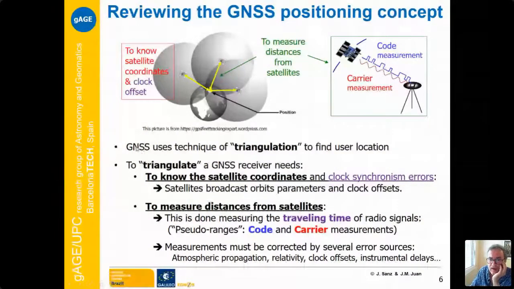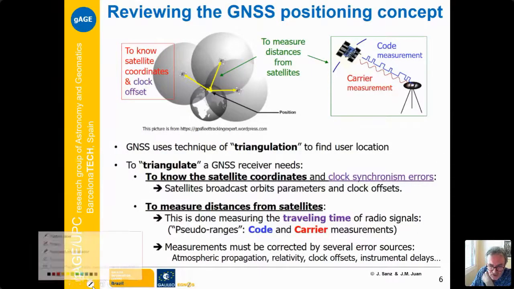As you know, GNSS technique uses triangulation to find the user location. And what does it mean, triangulation? This means that we have to solve a geometry problem where, in the ideal concept, we can assume that the user solution is in the intersection of different spheres, having in the center of these spheres the GNSS satellites.